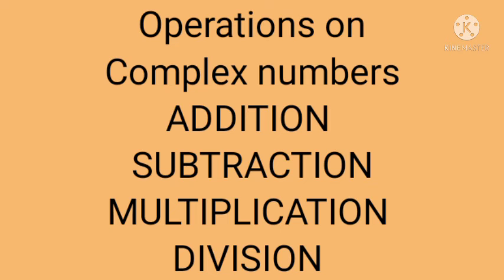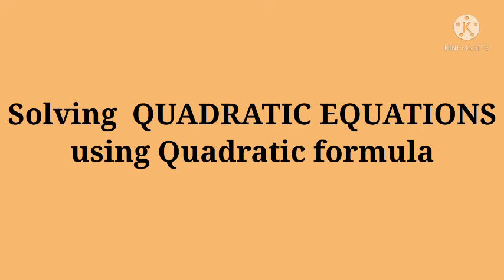So these are the basic or main things studied in the chapter complex numbers and quadratic equations. Okay. And finally we have one more topic, quadratic equations: how to solve a quadratic equation by using the quadratic formula.